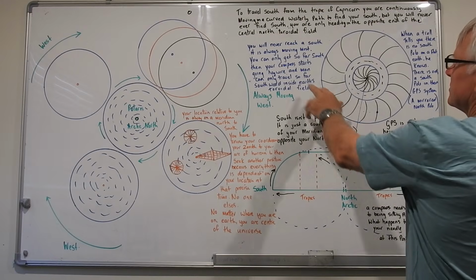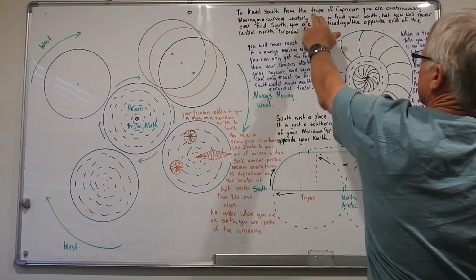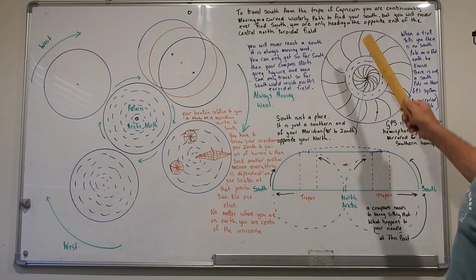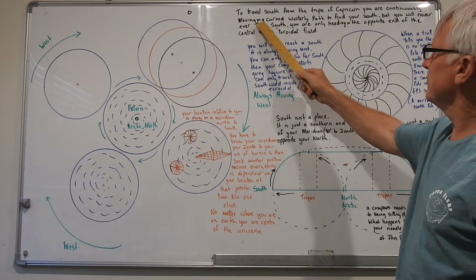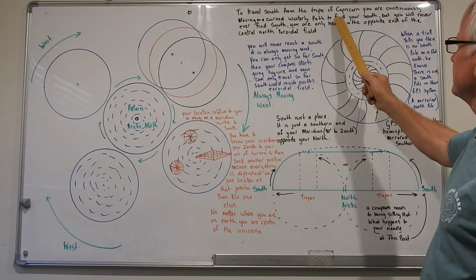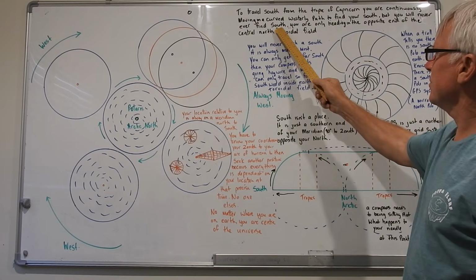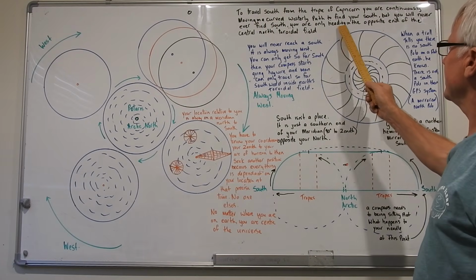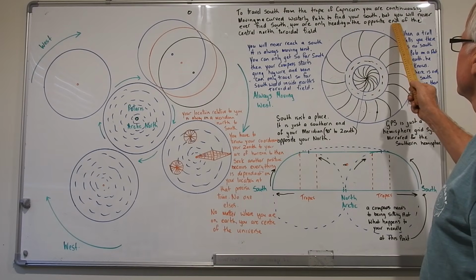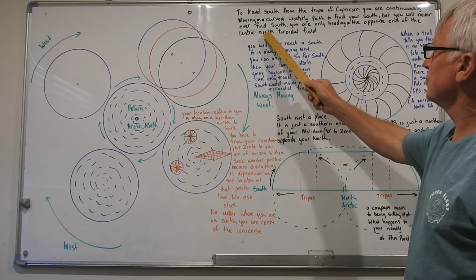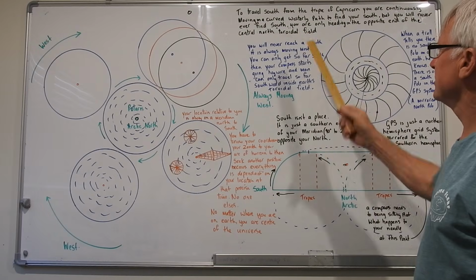Okay? Let's read all the stuff here. To travel south from the Tropic of Capricorn, you are continuously moving in a curved westerly path to find your south. But you will never ever find south. You are only heading in the opposite end of the central north toroidal field.